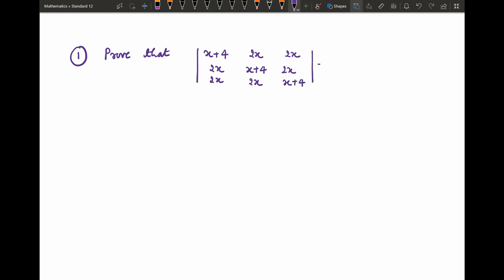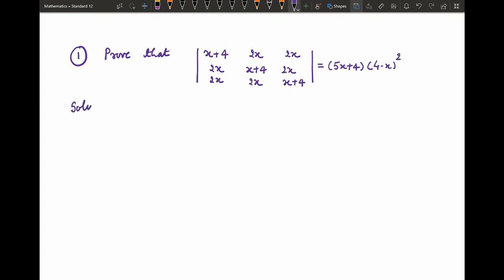First example is: using the properties of the determinant, prove that the determinant with entries x plus 4, 2x, and x plus 4 is equal to 5x plus 4 into bracket 4 minus x whole square.